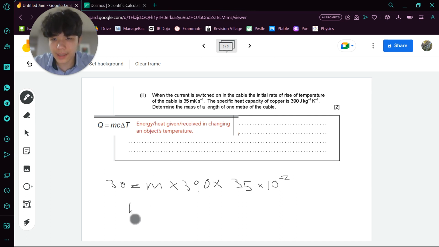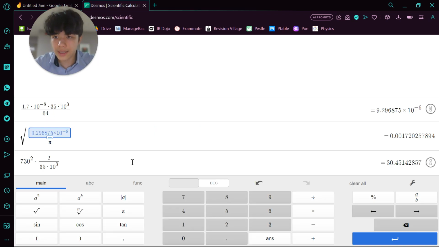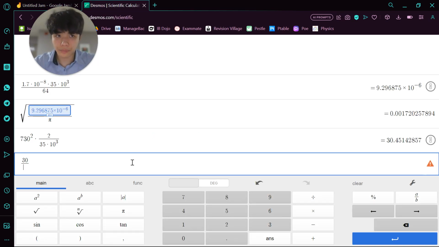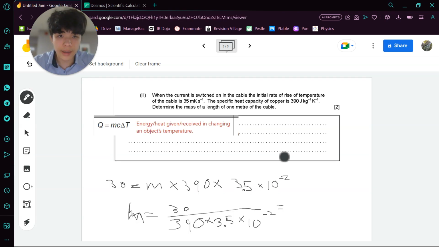So if we plug this in, m is equal to 30 divided by 390 times 3.5 times 10 to the power of negative 2. And you get 2.19, or just 2.2 kilograms.